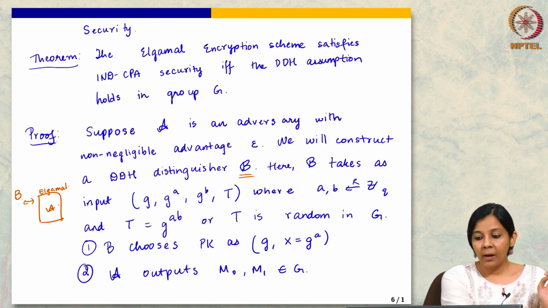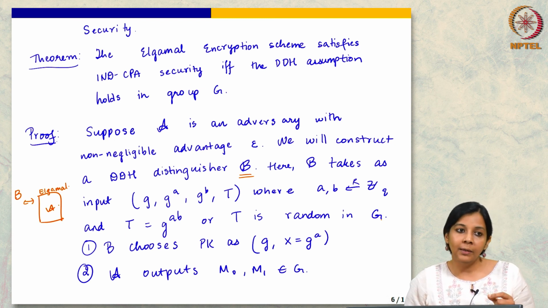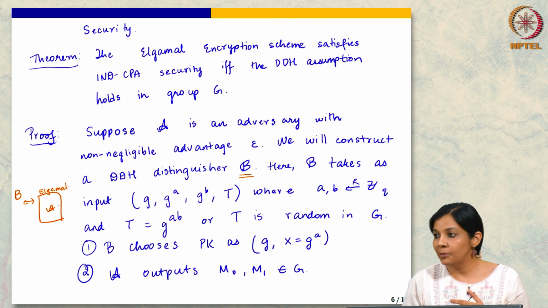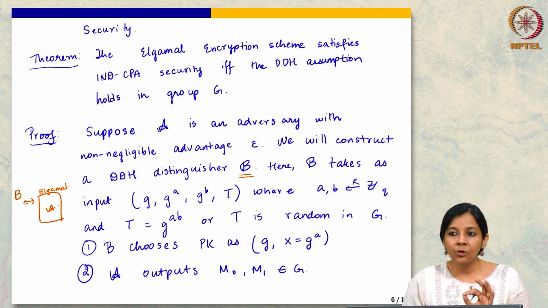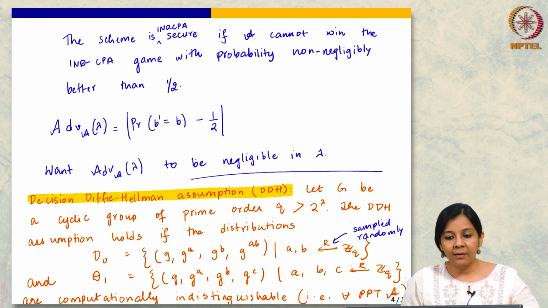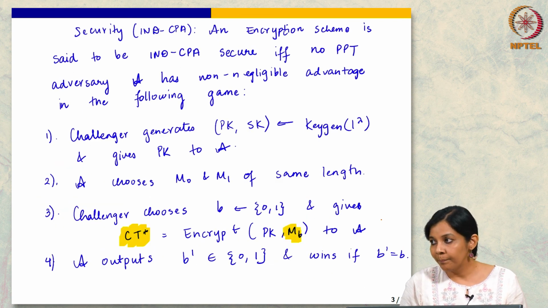Now, how do I prove security? Security follows very intuitively. That is why this is a very good first example of a security proof. It follows very intuitively from this DDH assumption in the way that we discussed. But in order to write it formally, we just need to be a little bit careful. What we need to do is construct a reduction, where I construct some algorithm B that plays the challenger in this CPA game.